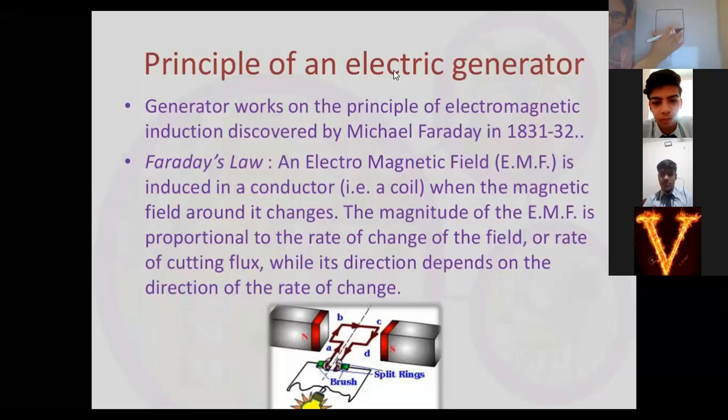On the sides, we need a strong magnetic field. The magnetic field will be because of the magnet, and magnetic field lines always go from north to south.